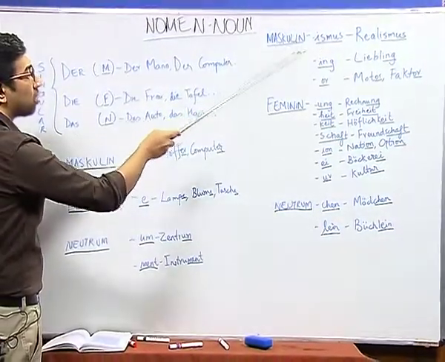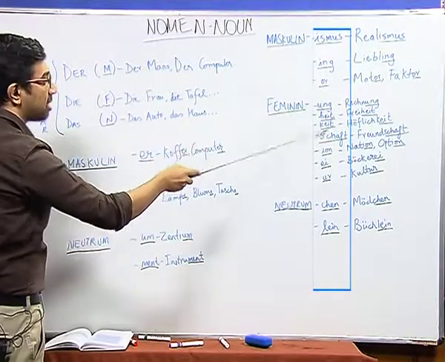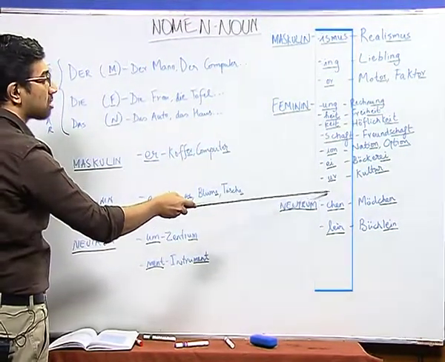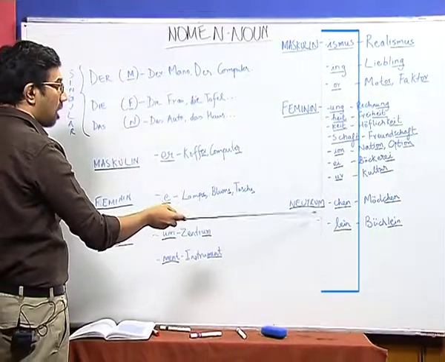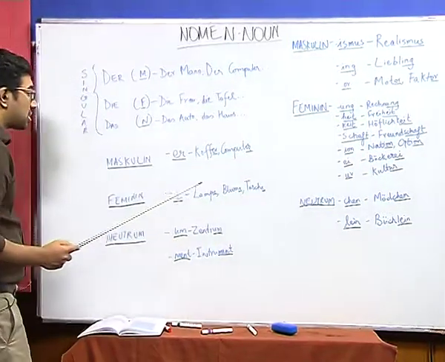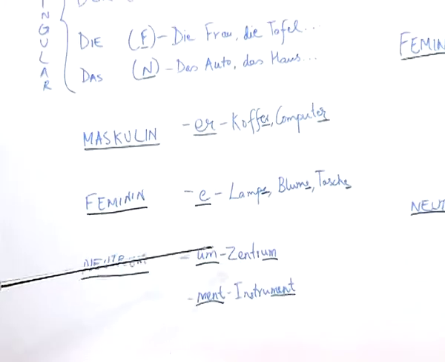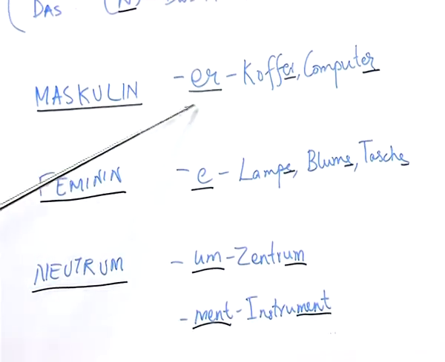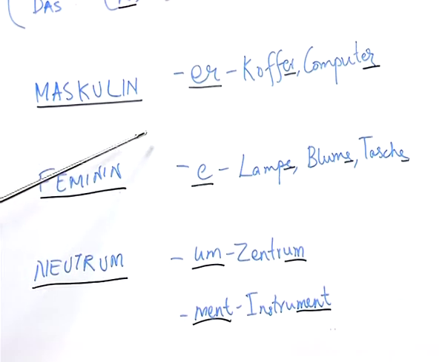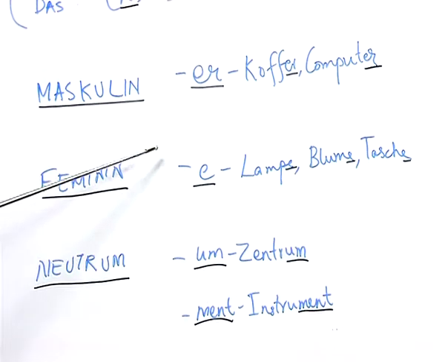Here, if you look, nouns which end with these endings always belong to their respective gender. However, certain nouns which carry certain other endings mostly belong to the gender given here. However, I would like to tell you that there could be some exceptions also.